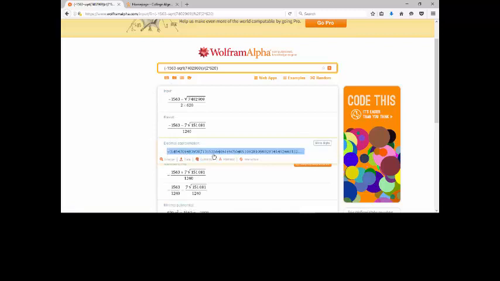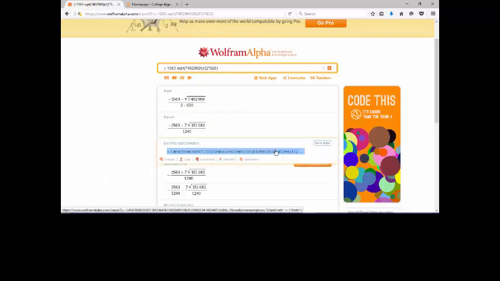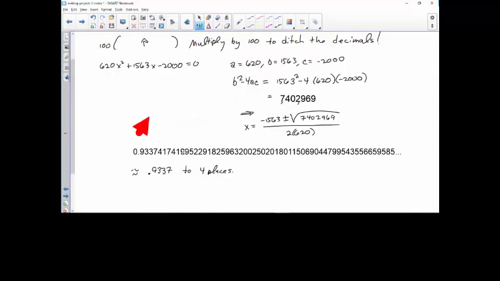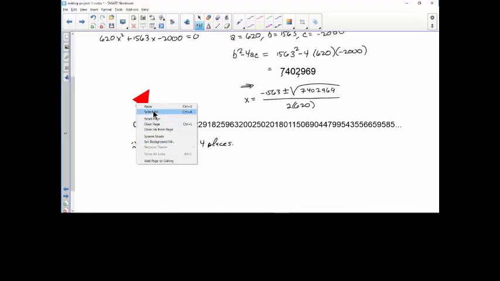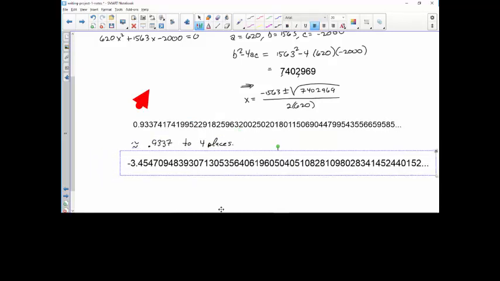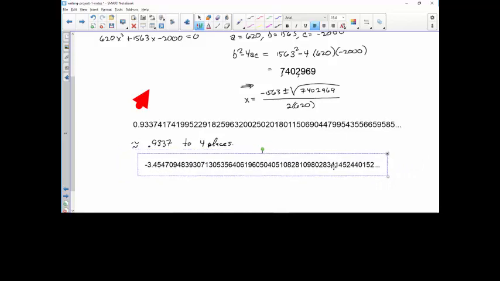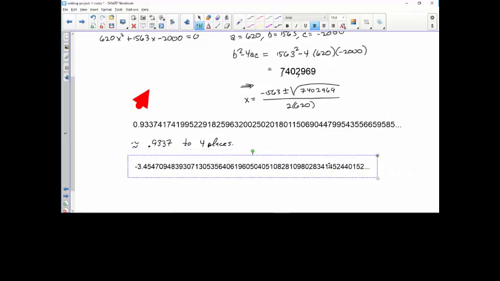And here's the other answer. And that one is approximately negative 3.4547.